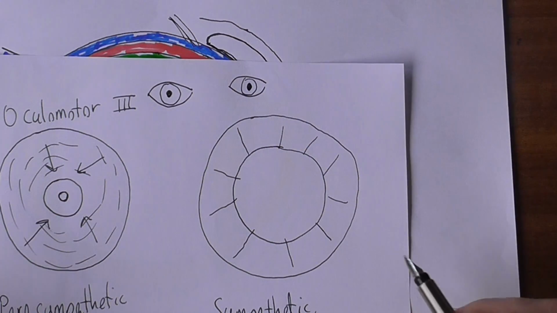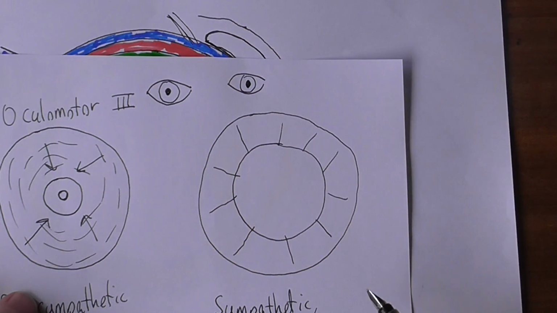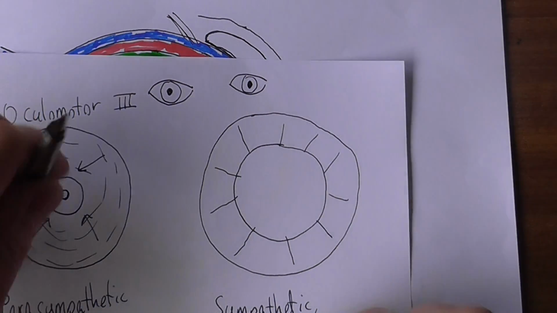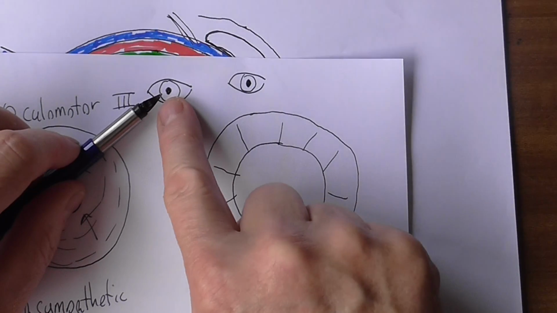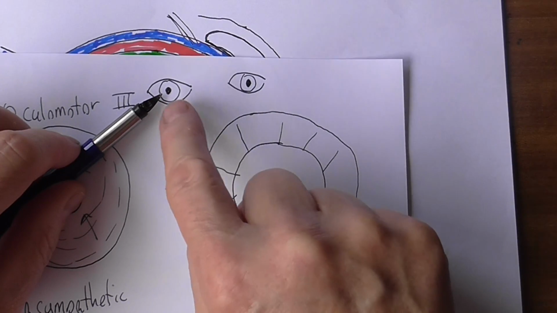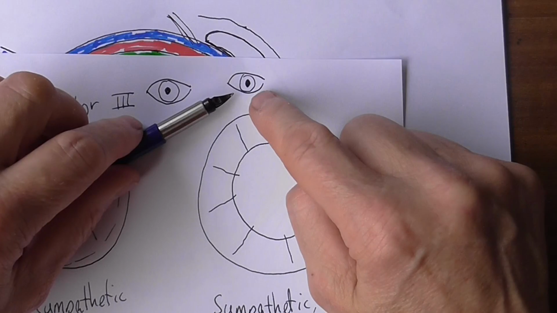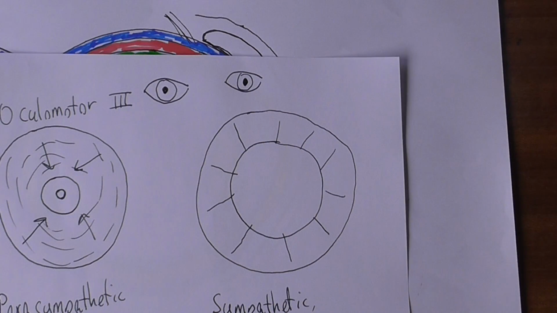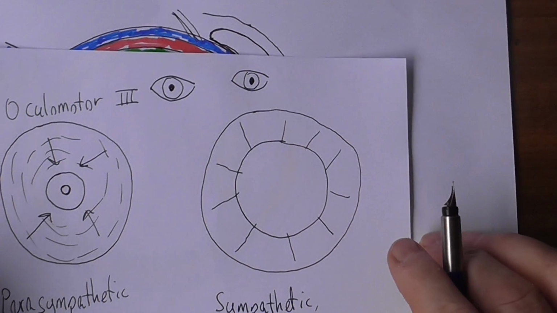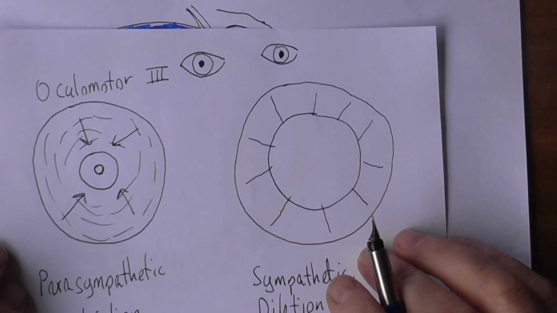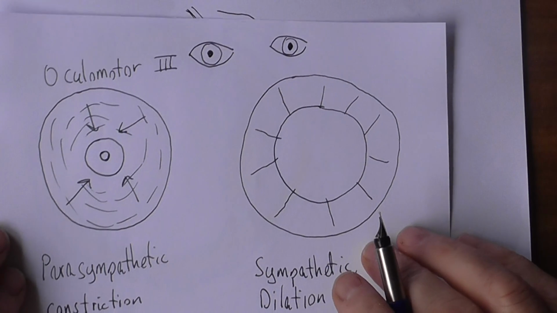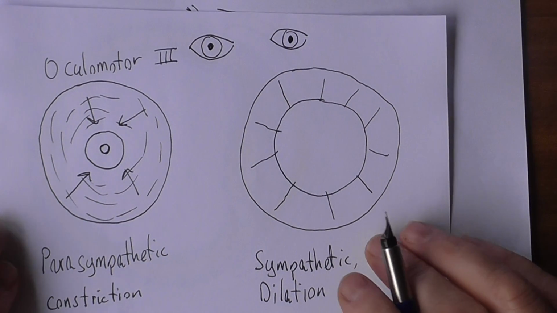And if one pupil dilates, we would expect them both to dilate. It would always happen together. So if you shine a light into that eye, yes, that pupil will constrict, but that one will as well. They're supposed to be the same. Now, if one pupil is wider than the other, that's a sign that there's usually something wrong within the central nervous system. So it's quite an important clinical indicator.